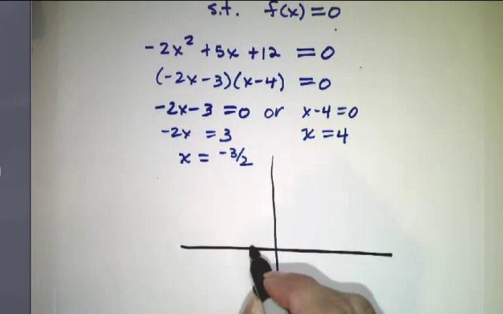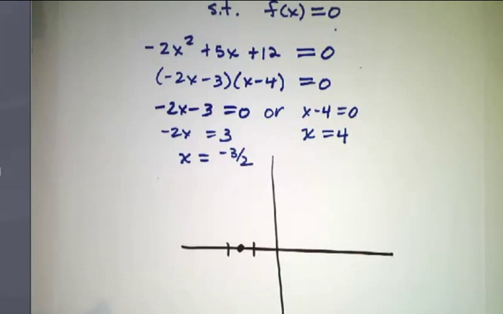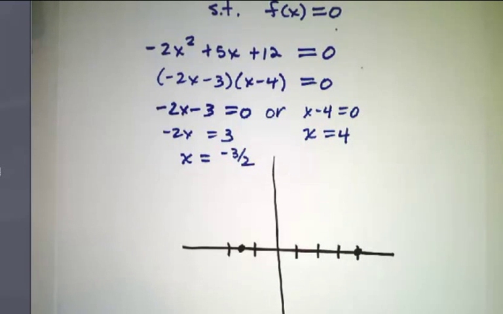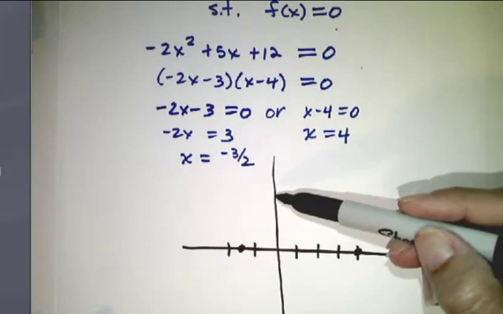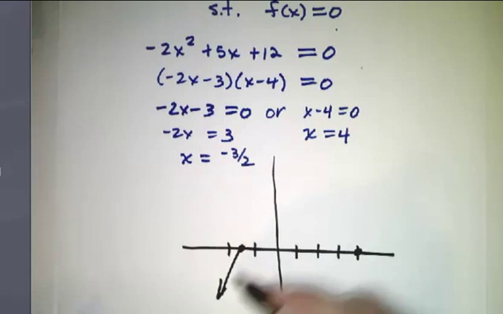So when x equals negative 3 halves, our function is 0. When x equals 4, our function is 0. Now, there's other information that we could find. We could actually find the vertex of the quadratic. We could find the place where it crosses the y-axis. But for this problem, we don't need to. We just need a general sketch.